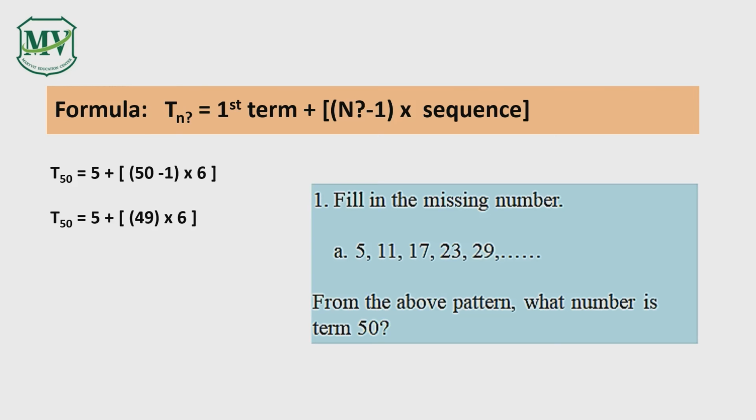Then solve multiplication. First, copy 5. 49 times 6 is equivalent to 294. Then 5 plus 294 is equivalent to 299. So our 50th term of this pattern is equivalent to 299.